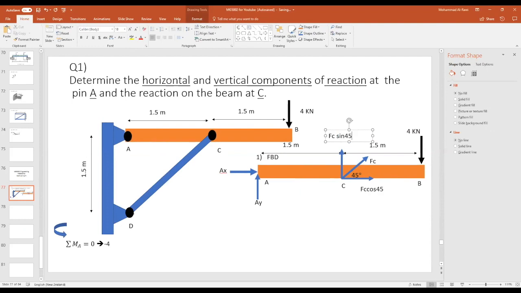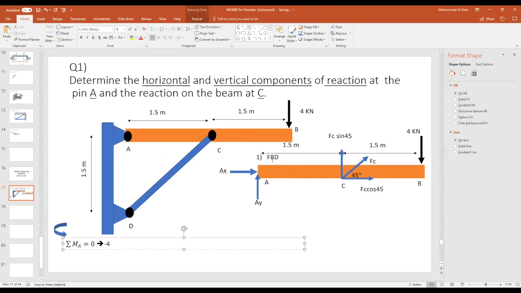By the way, even if you try cosine 45, it will give you the same answer. This only works with 45 degrees because they are equal; the angle is divided in half. Therefore they have the same value, but don't do it with other angles because it will give you the wrong answer. So that's FC sine 45.